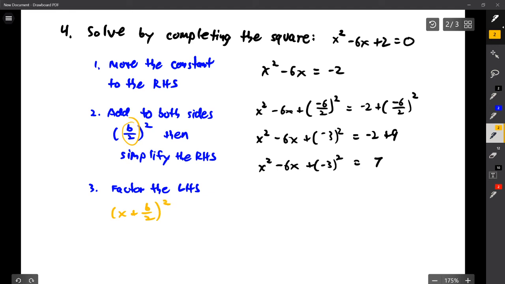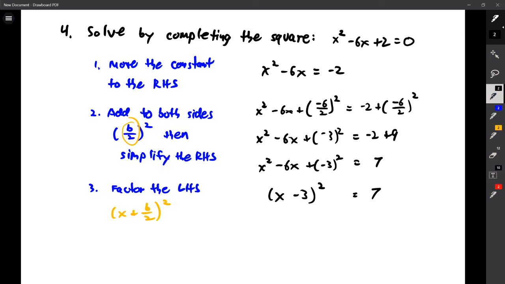That's why I didn't bother simplifying this, because I'm just about to, almost magically, get rid of it, but I'm just about to use it, and I like to keep that negative 3 visible. So I'm going to factor this like x minus 3 squared equals 7.